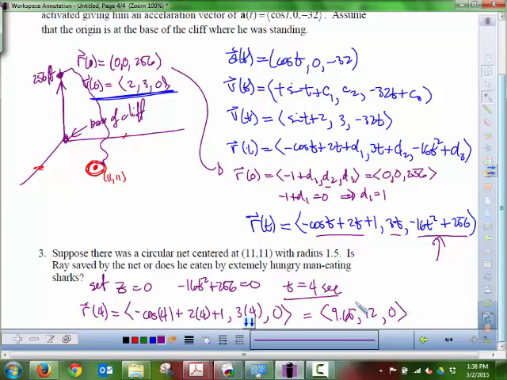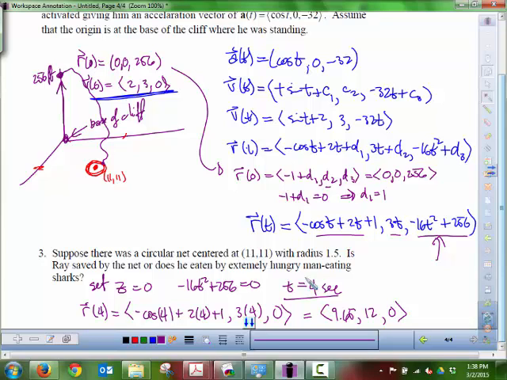How do I know if I made it or not? It's close. What do you mean add? So 1.5 is a number, though. 11, 11 is a point.